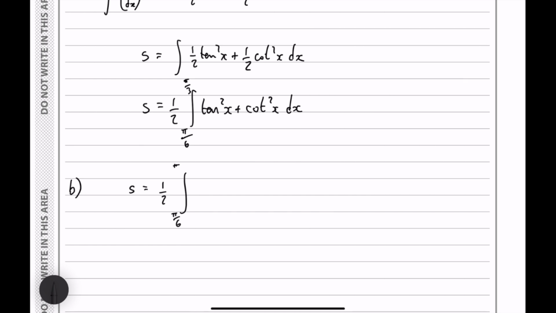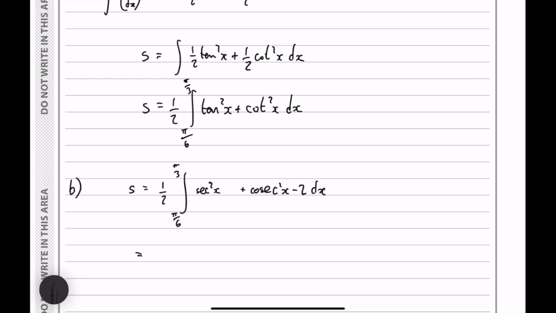So this becomes the integral from pi by 6 to pi by 3 of secant squared x minus 1 plus cosecant squared x minus another 1. So let's just change that to minus 2, rather than rewrite it, just to simplify that.